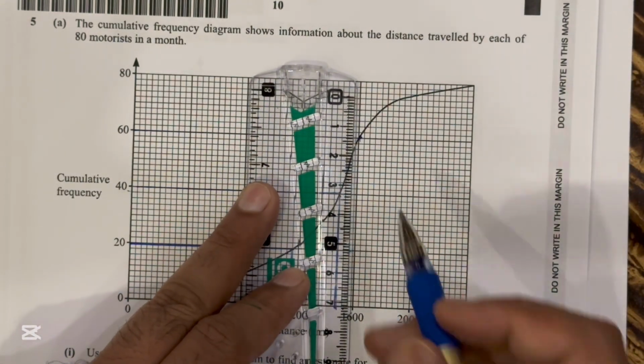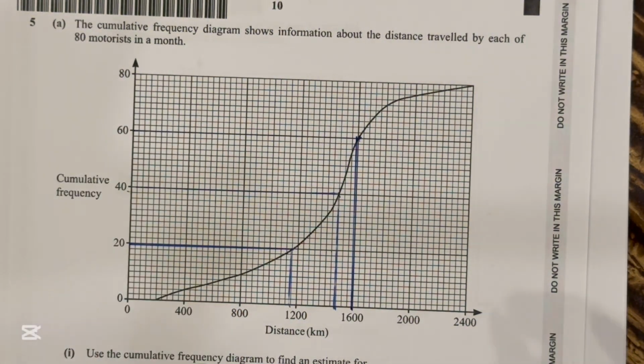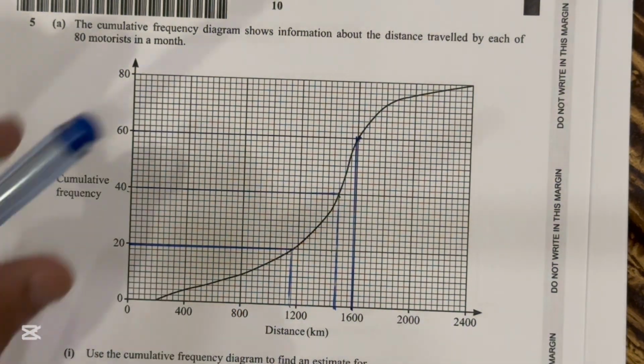The value is exactly 1600. So this is how we have plotted and calculated the value.